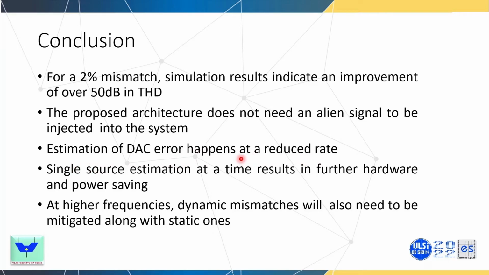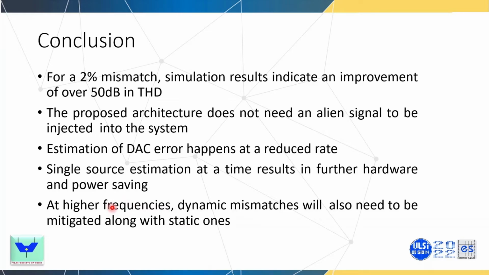I showed you a decimate by n, so you can actually decimate it by quite a bit. The only penalty is that it takes time to converge, but I guess it's good enough for many applications. And as I said, we do it in a round robin fashion, single source at a time, so we don't have to concurrently compute the errors. That also results in further hardware savings.